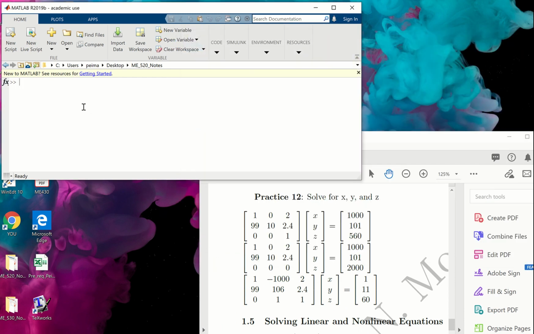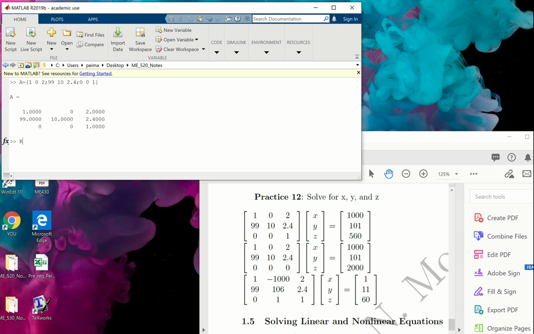I told you that this is a vector, capital X. If you look at the part 7 notes on YouTube, this is the matrix A, and this is your matrix R or B, the right hand side. So you're going to define your A as 1, 0, 2, 99, 10, 2.4, and the next line is 0, 0, 1, 1, okay?